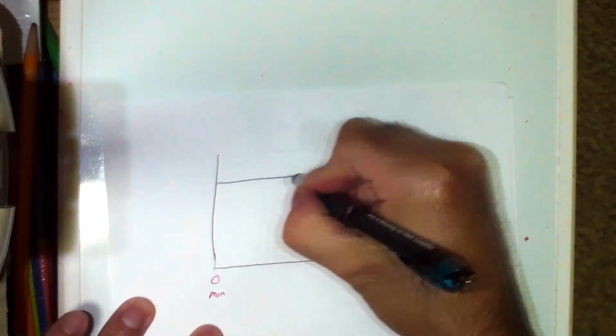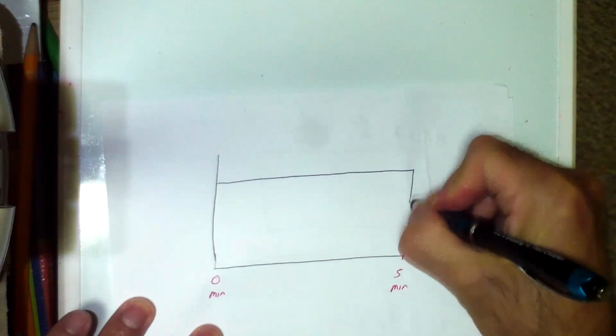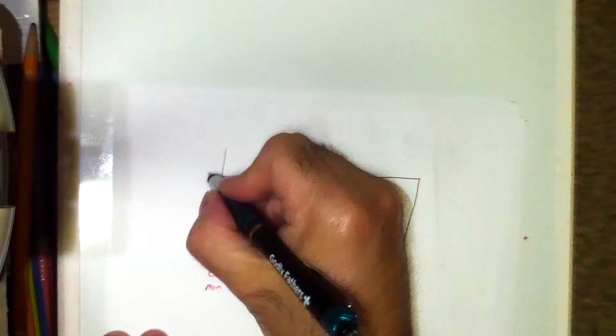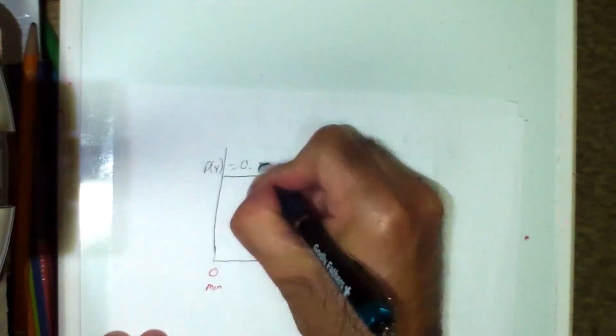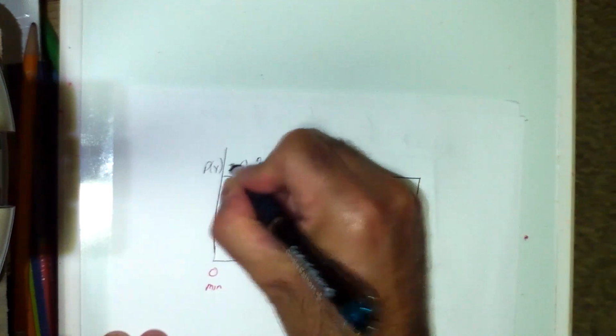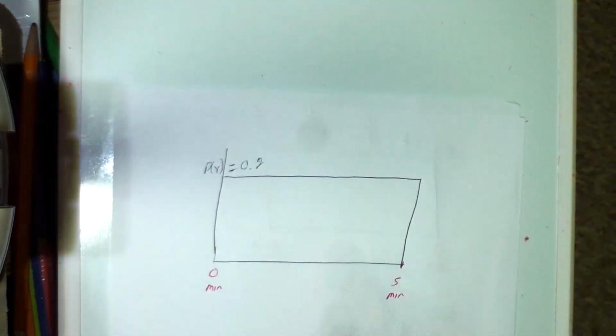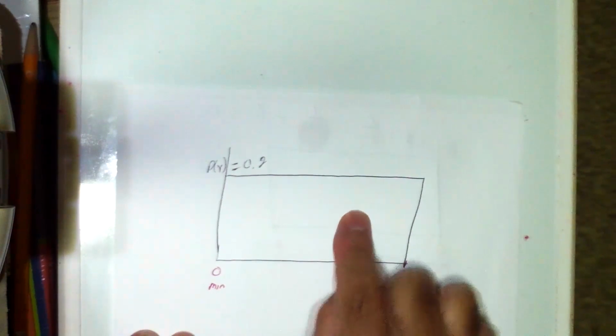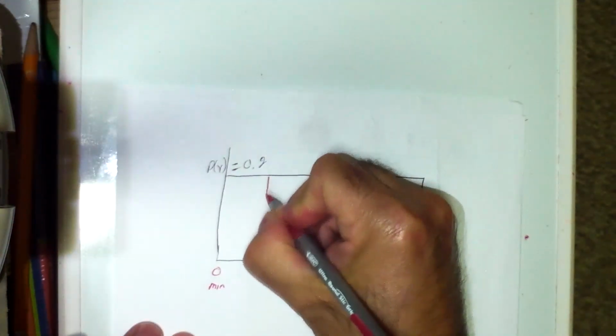Draw my rectangle. And my P of X is 0.2. Once it passes the two requirements, you can subdivide the picture or the graph or the rectangle into pieces if you want. So I'm going to split it up.